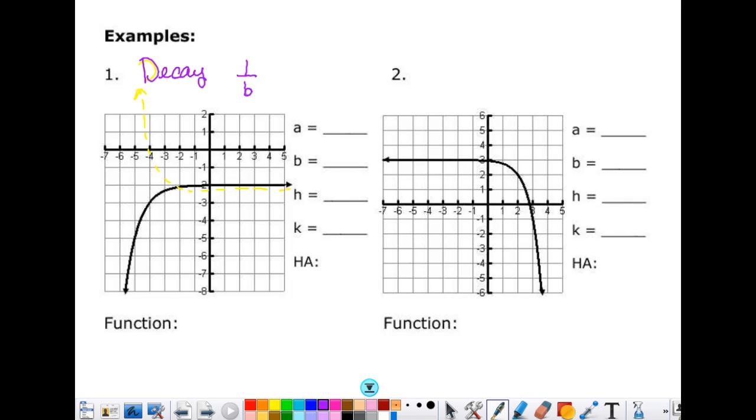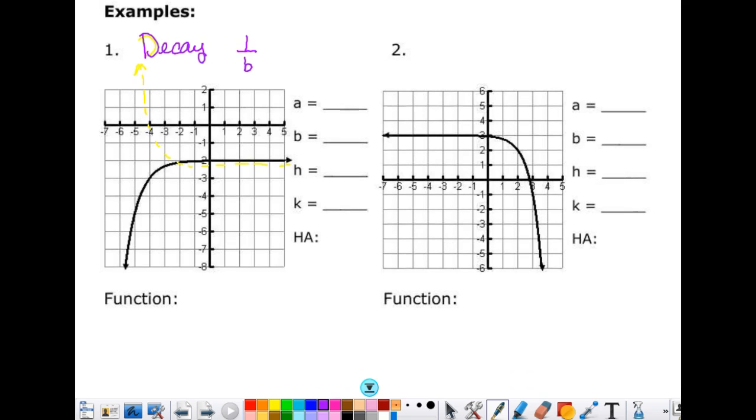If you wanted to use that to help you, that would be perfectly fine. You can just ask me for a paper clip. One of these little ones might work better to stretch it out. Okay? So now that we've established it's decay, let's keep going.